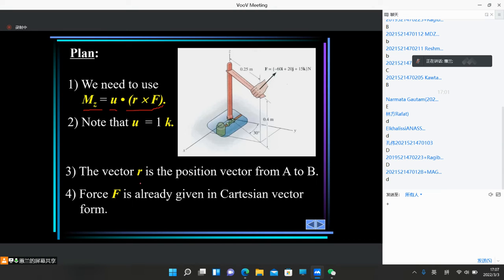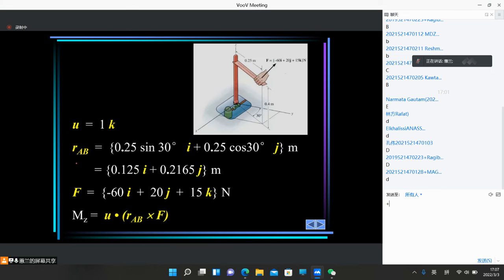But we need to remind you again that the position vector r should be from a point on the z-axis to the line of action of force F. Because F is already given in Cartesian vector form, we only need to find the position vector in Cartesian form.